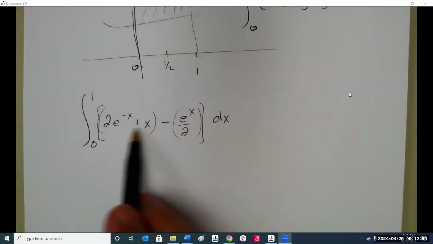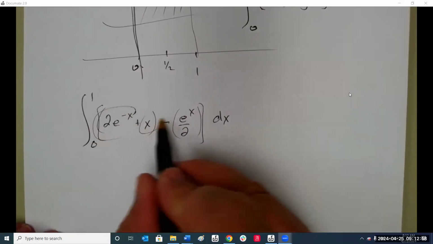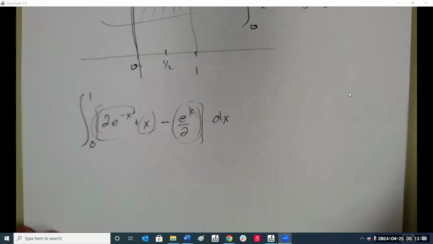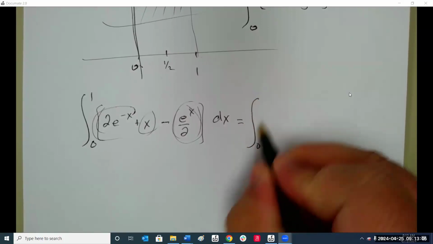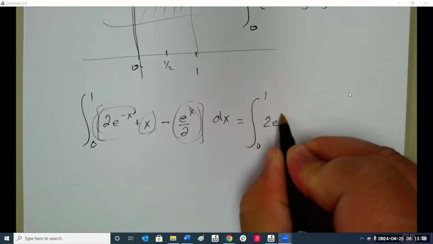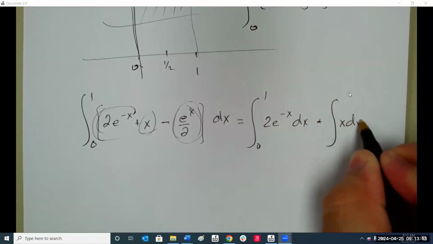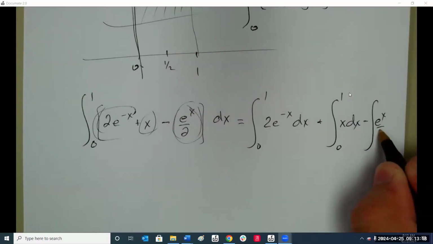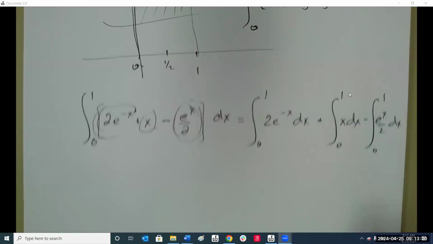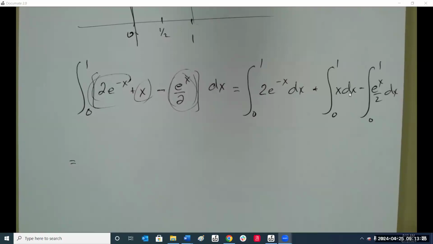Yeah, since they're all addition and subtraction, we could do them all individually, or you can do it all at one time. If you want to save time, you just treat all three of these individually. So the integral of e to the power negative x.